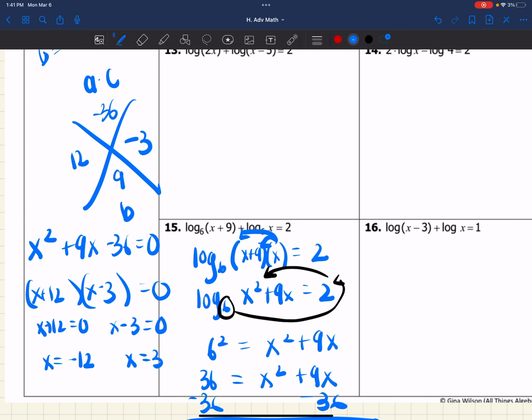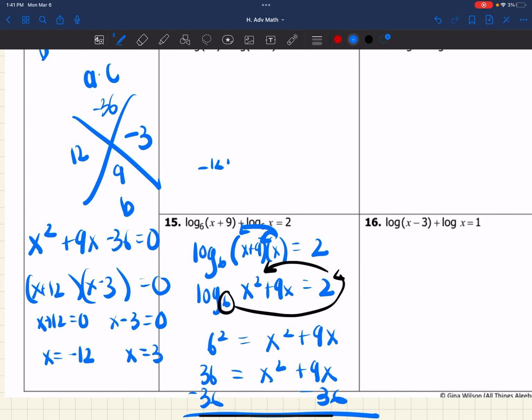Now this is where checking your solutions is super important, because if I were to substitute in a negative 12 right here for x, negative 12 plus 9 is negative 3. Can you take log base 6 of negative 3? No, because you can never take the log of a negative number. So this solution is not a solution.